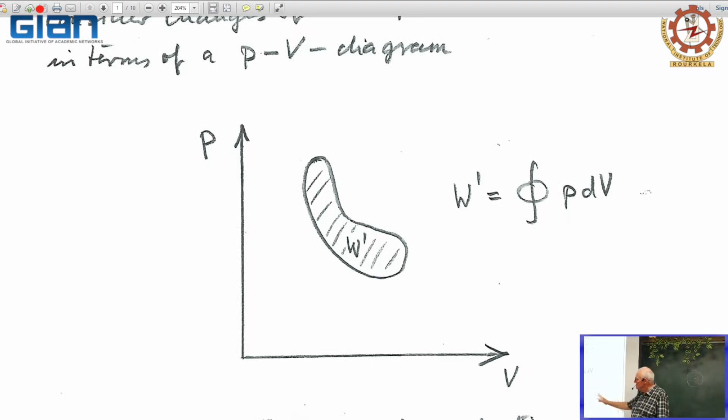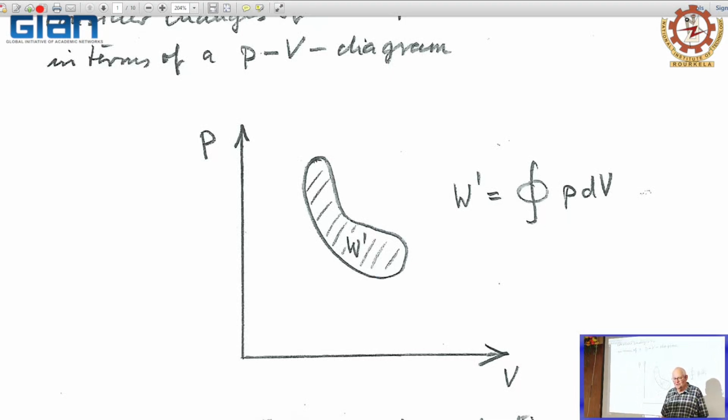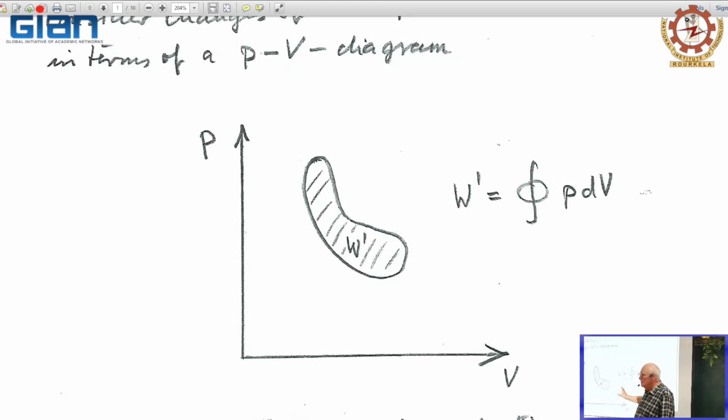So for this representation, we actually need a periodic process. This cannot be defined without a periodic process, as any heat engine needs a periodic process. Otherwise, you cannot run the heat engine.